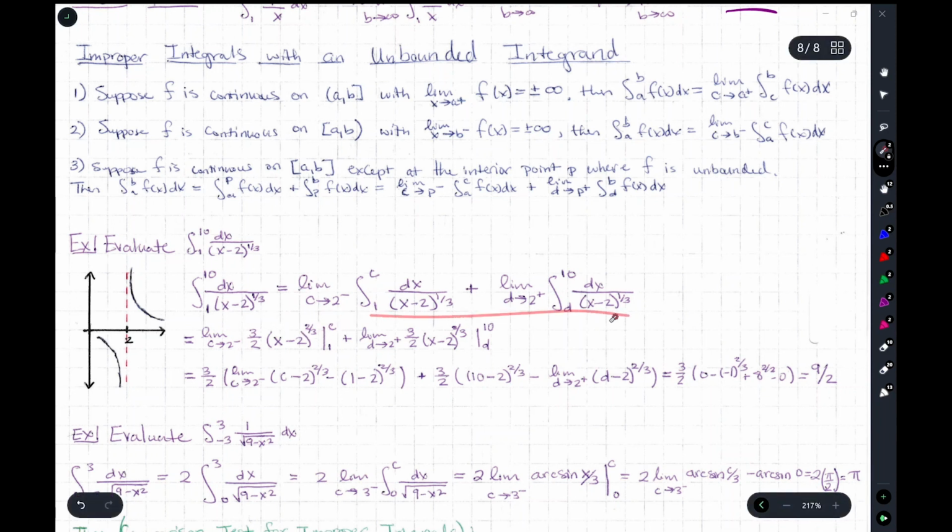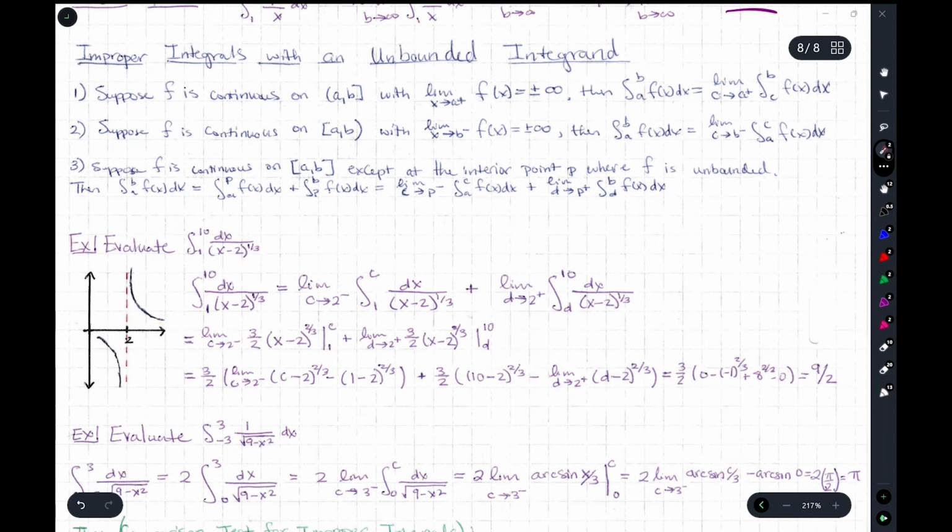So you'll break up your integral into two different integrals. One where you start at 1 and then integrate to c, where c is approaching 2 from the left, okay? And then another integral where you integrate to 10, the right end of your interval, and you approach 2 from the right, okay?